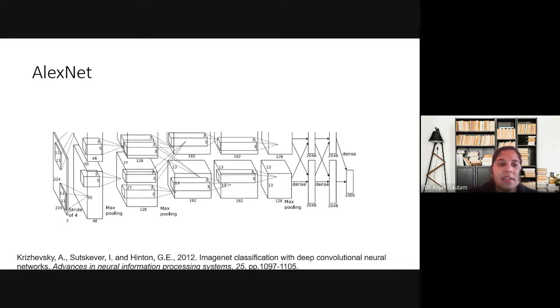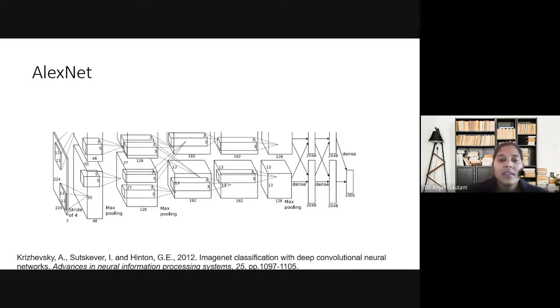Here you can see 48 and 48. These are the number of filters, or you can say kernels, that you are using. In 2012 they didn't have powerful GPUs, so they ran their algorithm on 2 different machines. Therefore you can see half of the part is missing here; I have taken that image directly from there.